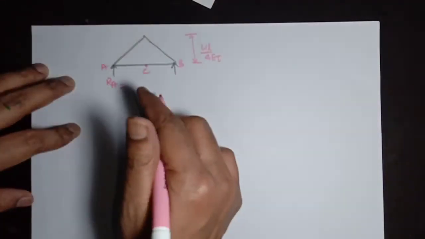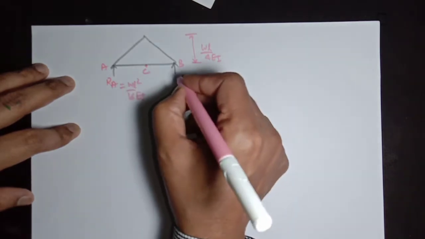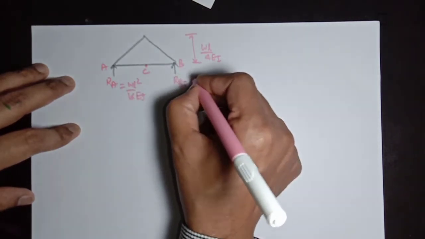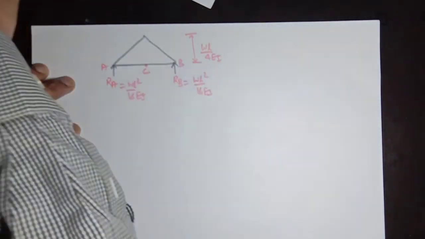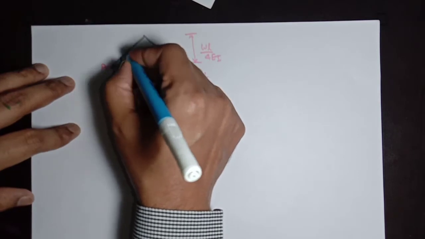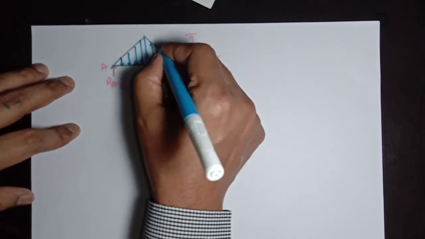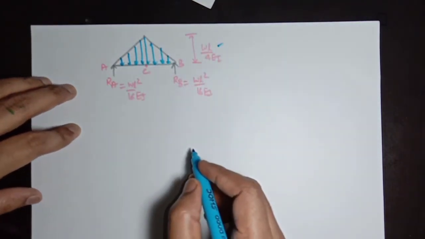So we put here WL square divided by 16EI, and in place of RB it will be WL square divided by 16EI, and here is the loading diagram acting on this conjugate beam, having maximum value WL divided by 4EI.